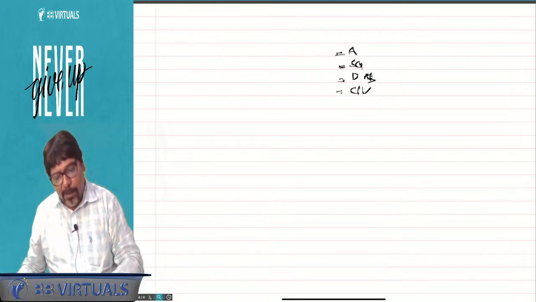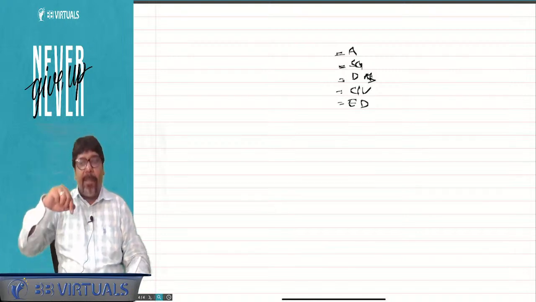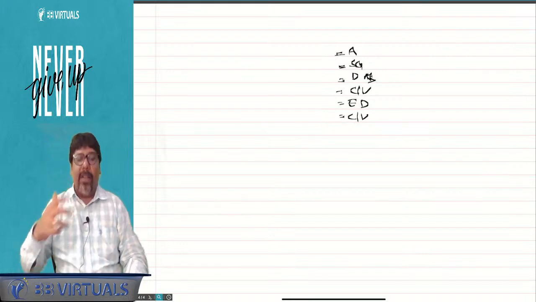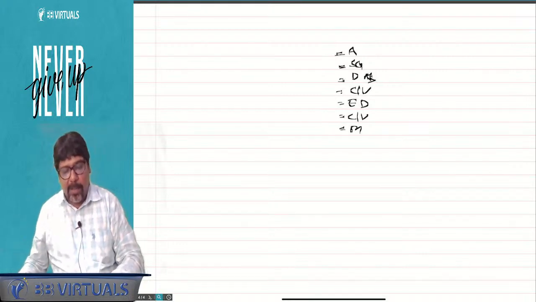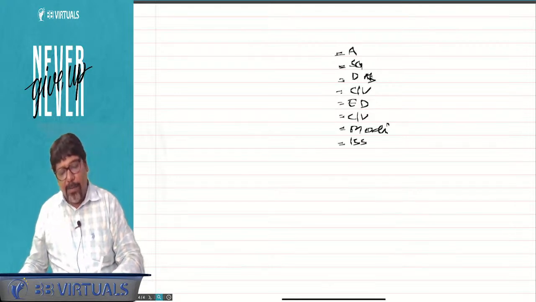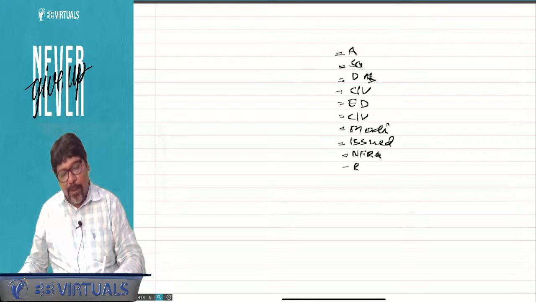After incorporating them, they prepare the exposure draft. After the exposure draft, there are again comments and views. They modify the exposure draft. After that, it is issued by ASB. Then it is notified by NAFRA and MCA. Then there is review and revision.